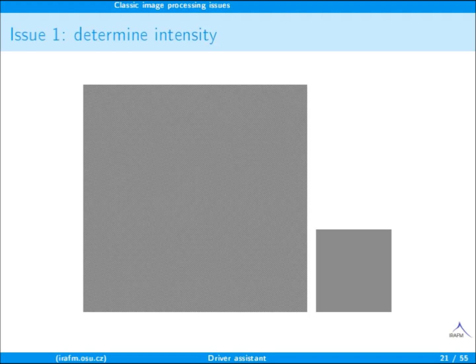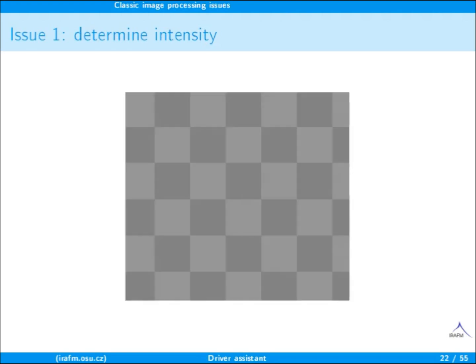But if you implement an algorithm to choose only intensity 140, you will fail. The reason is that the area is not homogeneous, as you can see in the zoomed picture. It consists of intensities 130 and 150. The intensities interact, and that leads to a difference between human observation and computer behavior.